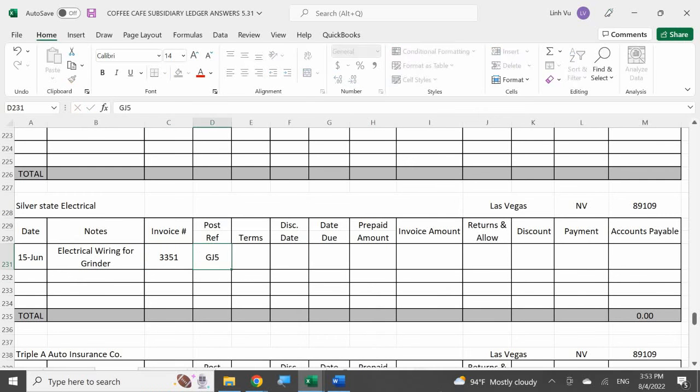Page 5. Terms are net 4. Due date is the 19th. Invoice amount is $1,070. And we did not pay for it, so it goes on accounts payable.